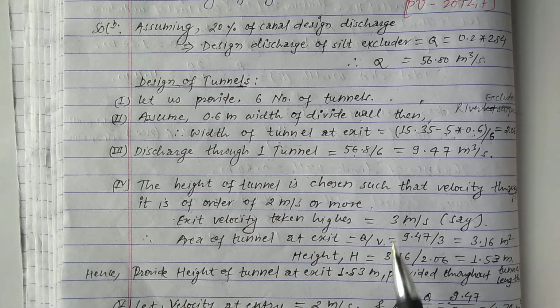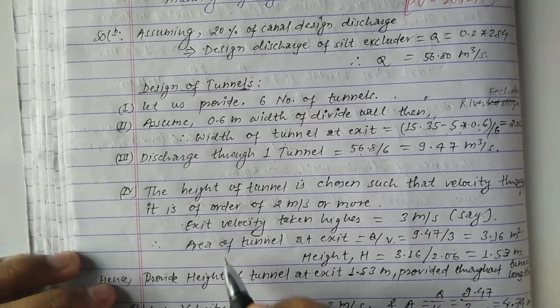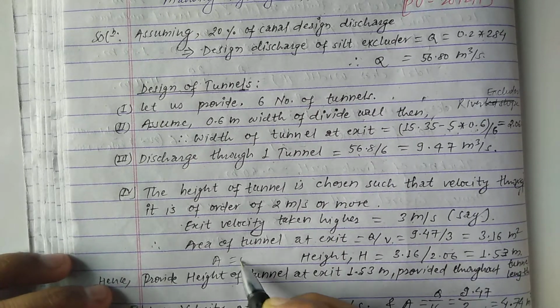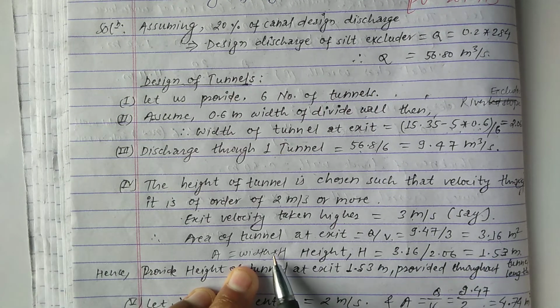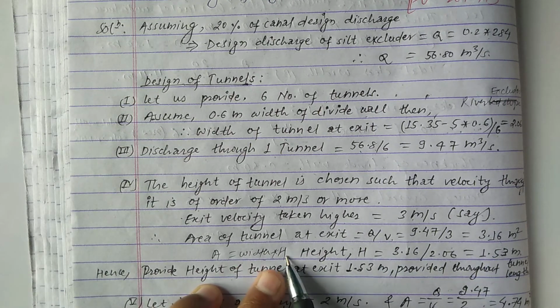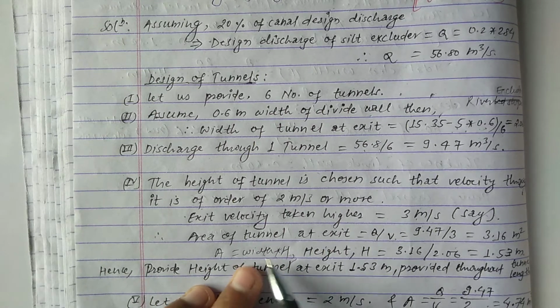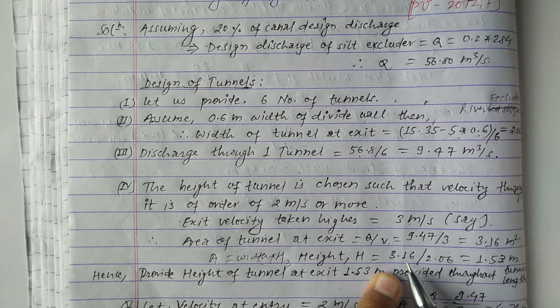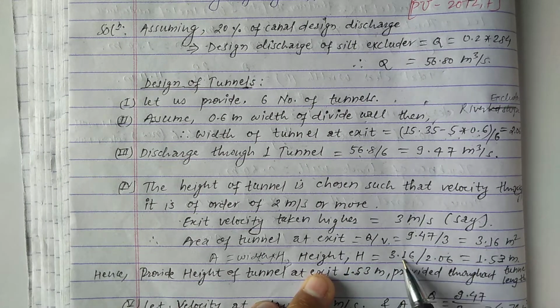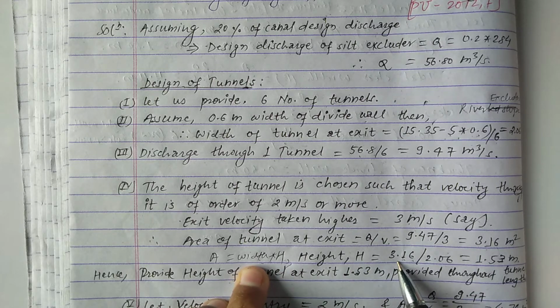Whenever the area and the width are known, you can see here area equal to width into height. With the help of this formula we can simply calculate the value of h, which is the area divided by the width. The area is already calculated, that is 3.16, and we divide this value by the width.